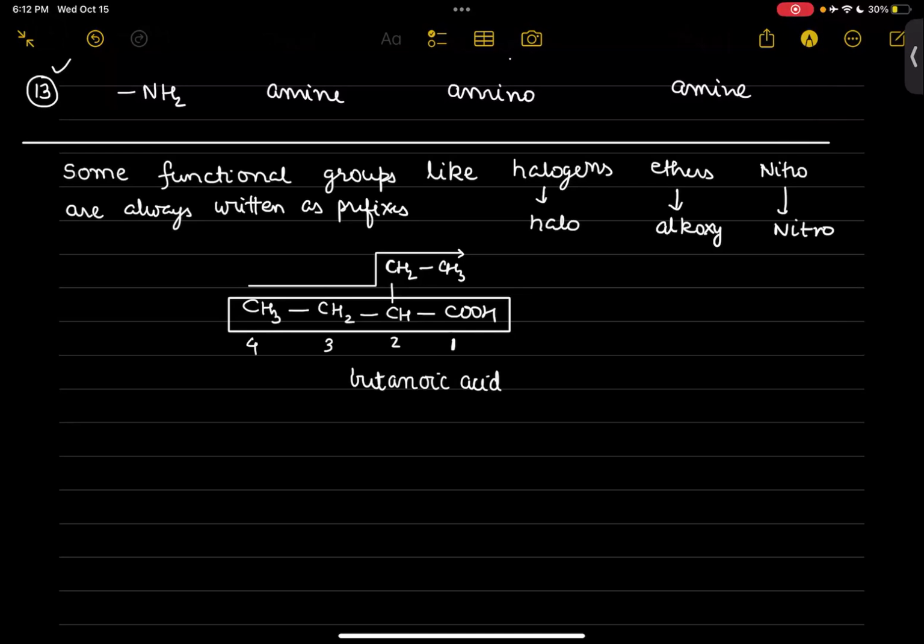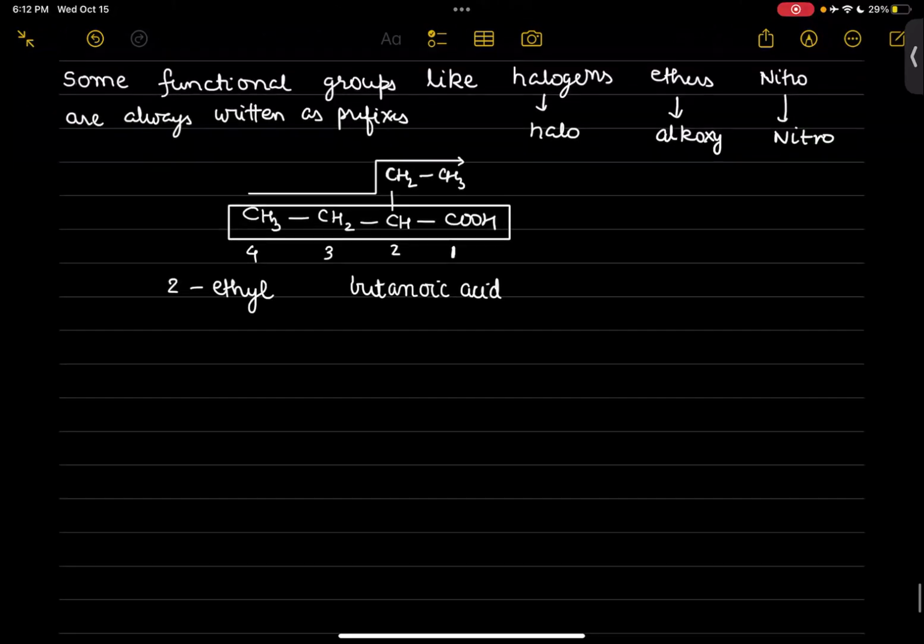No matter that by doing so the substituent may get a higher locant. Don't bother about the substituent; you should first bother about the functional group. Okay, so 2 is high. Got it? 2-ethylbutanoic acid. That's what its name is. Yes, sir.